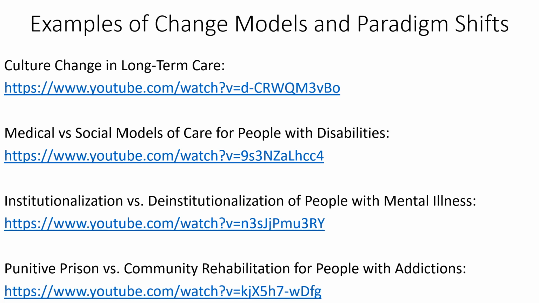And so when you see the integration of gardens or animals or pets or children into long-term care environments, it's really part of this culture change model in long-term care and helping people connect to other things in the social environment beyond just their medical situation.